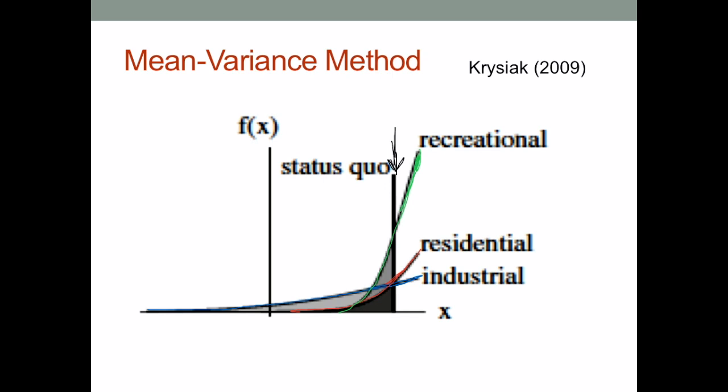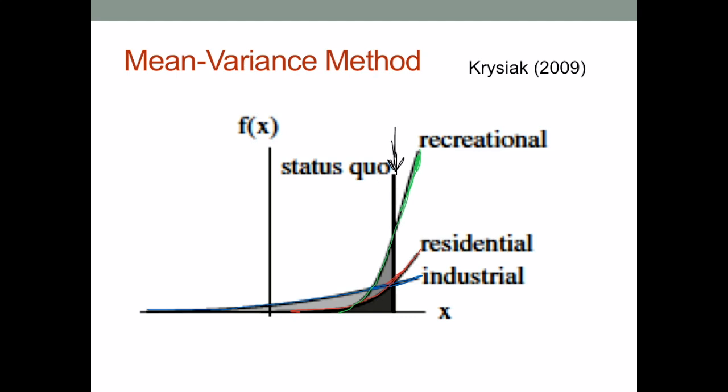Now that we've magnified this part of the graph, can you tell which option has the least risk of harming the future generation? In other words, which of these alternatives has the smallest probability, or the least area under the graph, of returning less than the status quo?